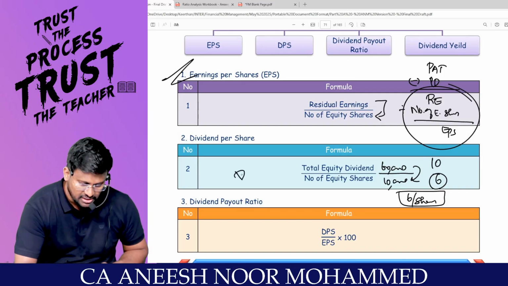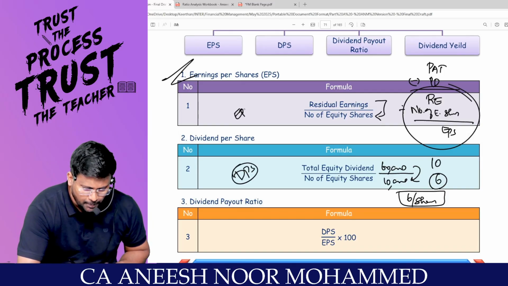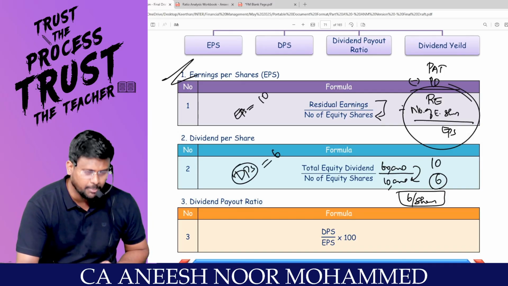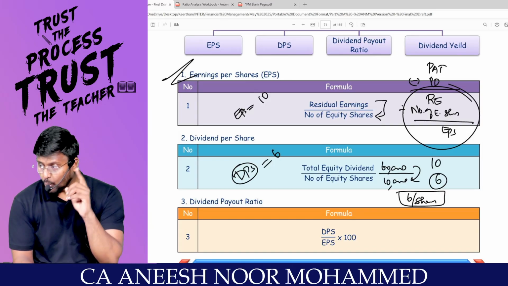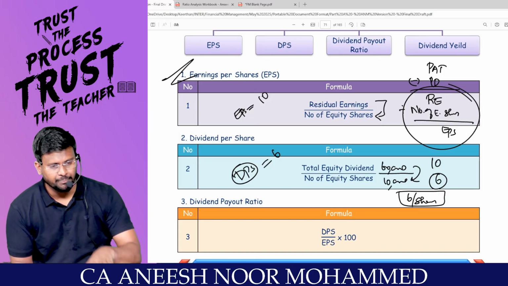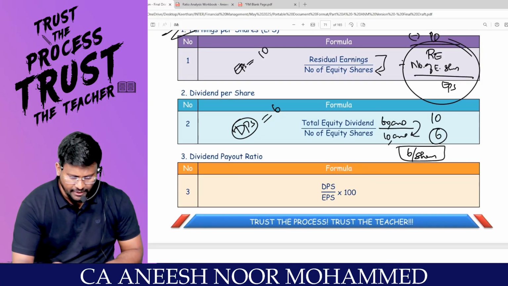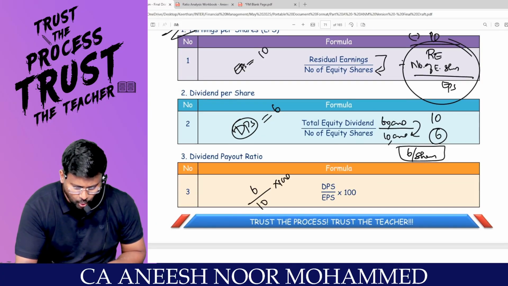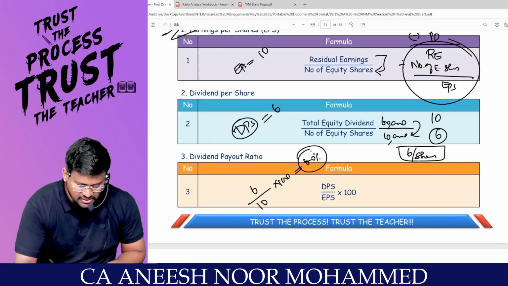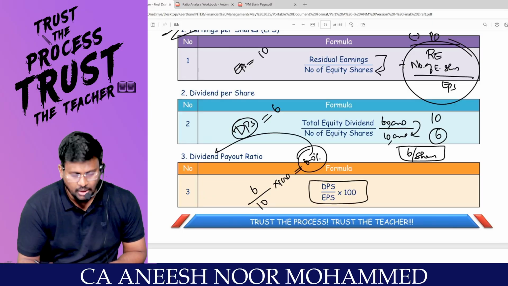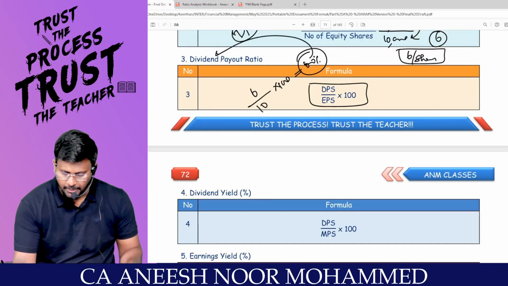EPS is 10, DPS is 6. Out of 10 rupees earned, the company gives 6 rupees as dividend. So 6 divided by 10 into 100 comes to 60%, the dividend payout ratio: DPS divided by EPS into 100.